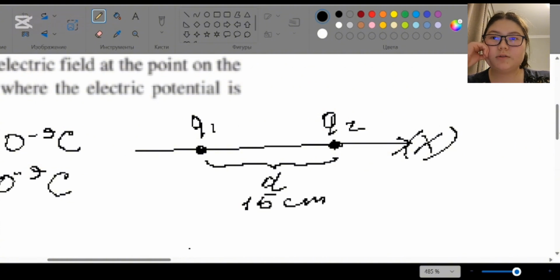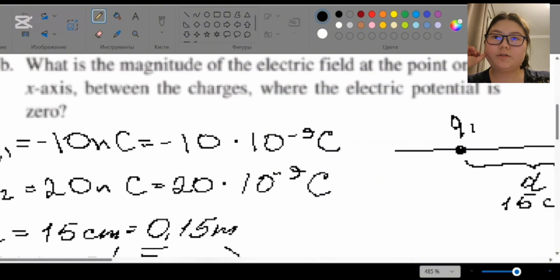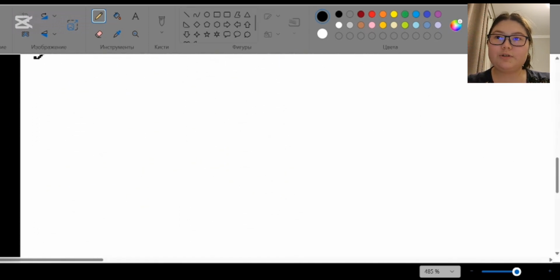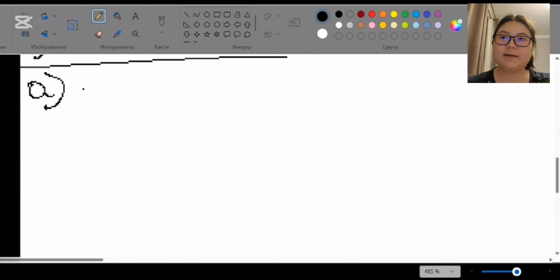Okay, so first, in order to solve this, we know that the electric field is 0. So let's use each point charge's electric field. Because they have opposite directions and the same magnitude, we can equalize them because we know that their addition is equal to 0. Okay, so let's write the formula for each one.